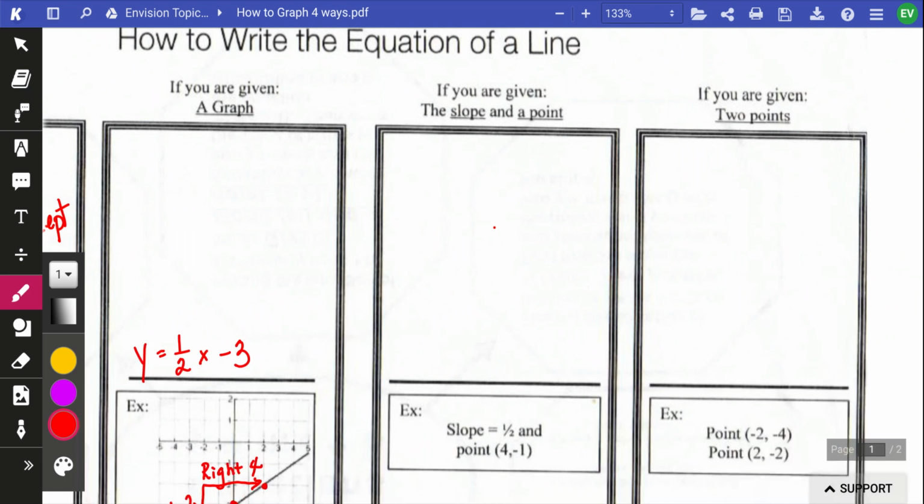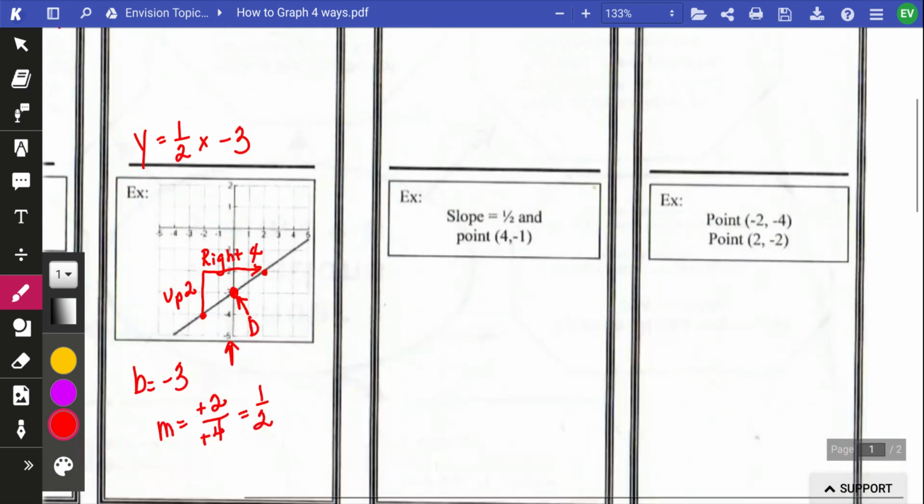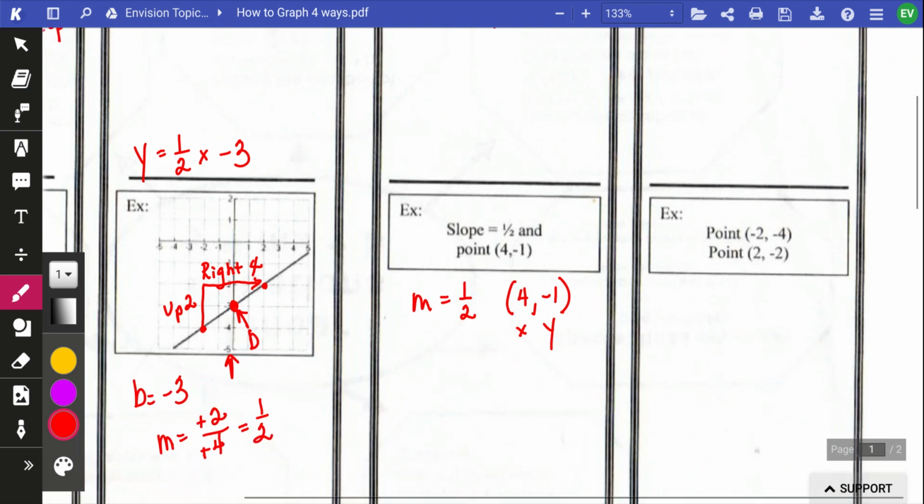Okay, so our third example has to do with given slope and a point. Little bit different this way. We're given slope is 1/2, so m is 1/2. We don't have our y-intercept this time, but we do have a point. The point is 4, -1. That gives us an x and a y. We can use this information to calculate our y-intercept.